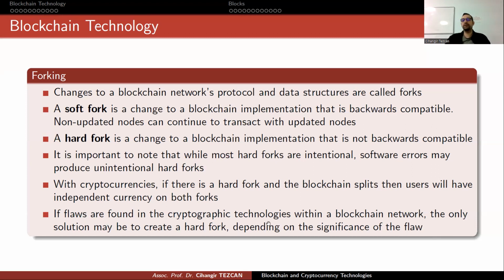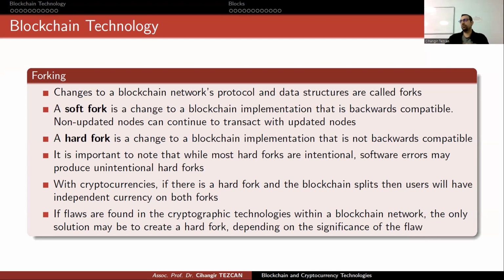If flaws are found in the cryptographic technologies, in some cryptocurrencies, there were some errors in the mining algorithm. Some people realized it and contacted the designer saying that the mining algorithm is flawed. I mean, their aim was for the mining puzzle to be solved in 2 minutes, for instance, but you could instantly provide solutions.